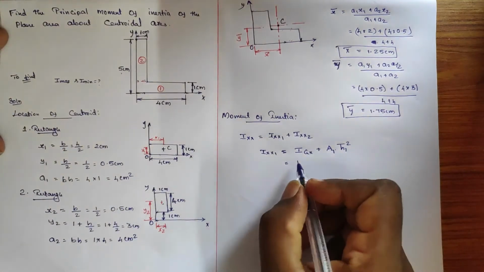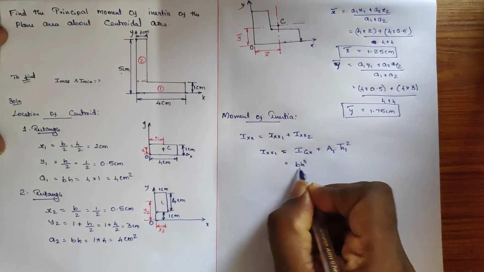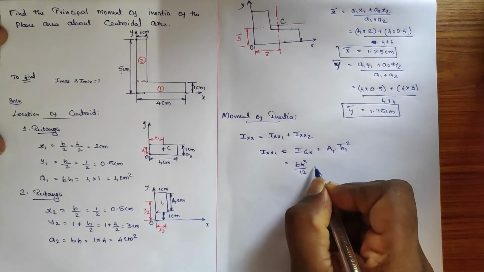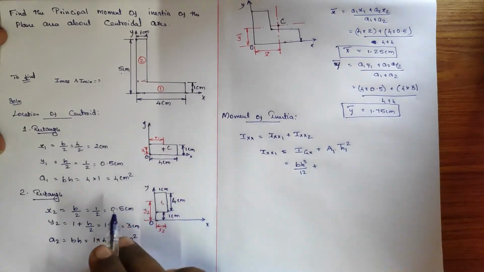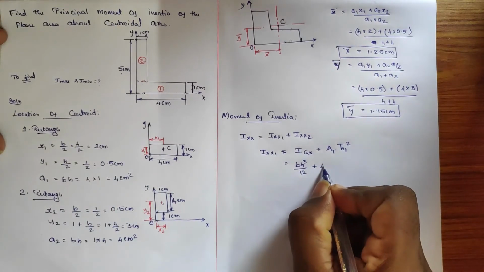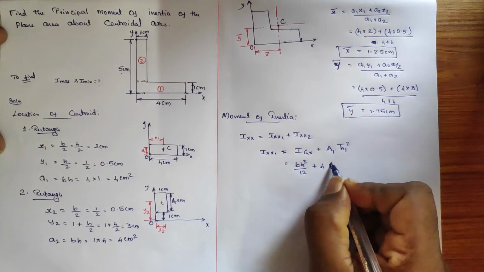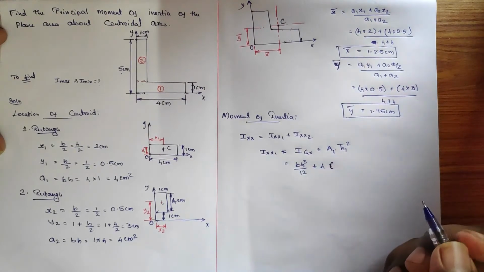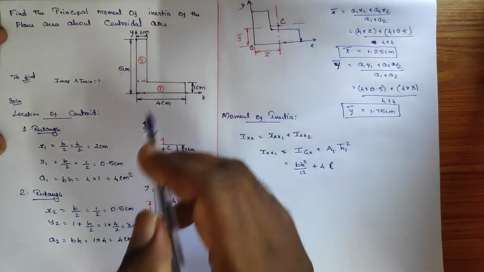So here it's for x, so it will be bh cube divided by 12 plus area. The area value for A1 is 4, so directly we can put 4 into h1, in the sense the distance between the centroid of the component and the centroid of the section.